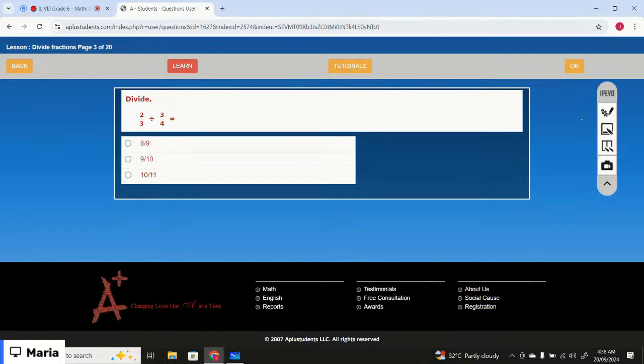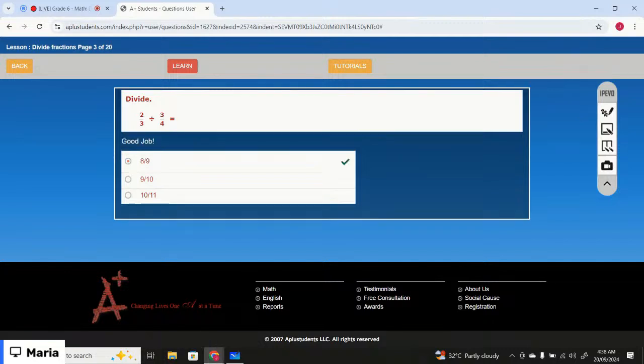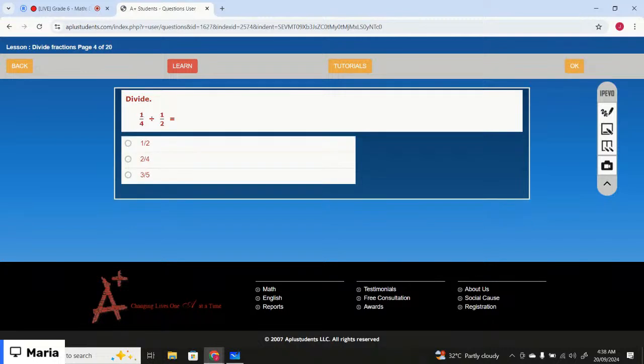8 over 9 it is, right? The correct option is 8 over 9. 1 over 4 divided by 1 over 2. So which is the correct option?